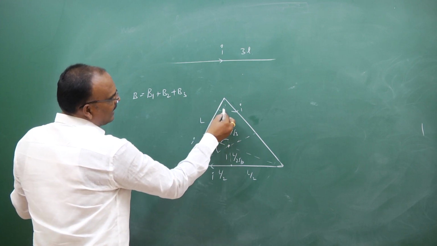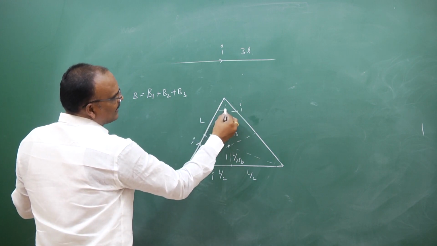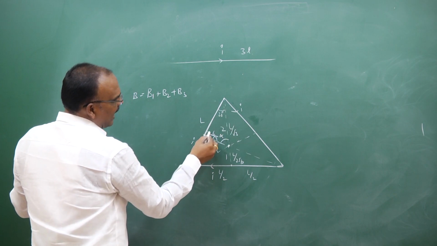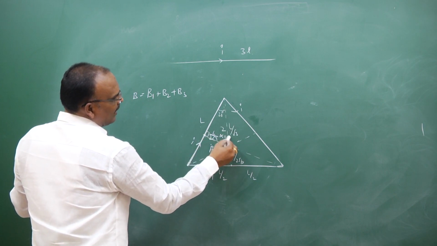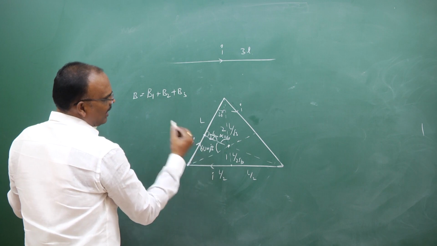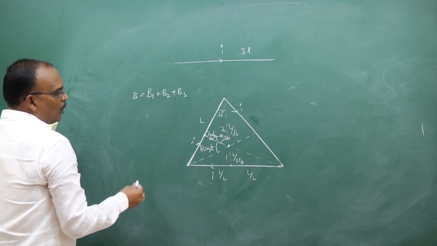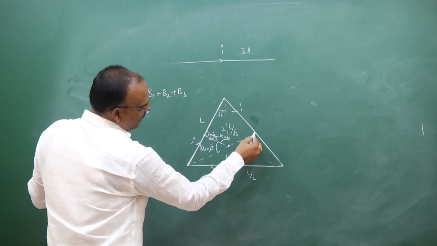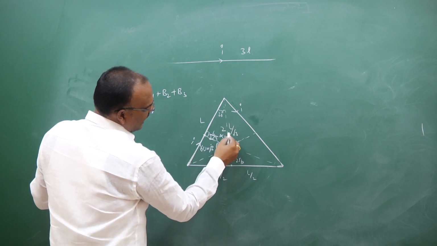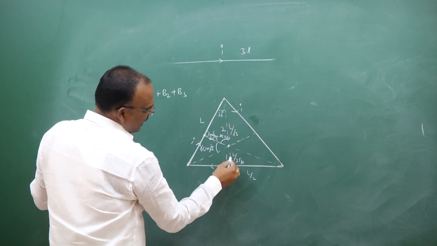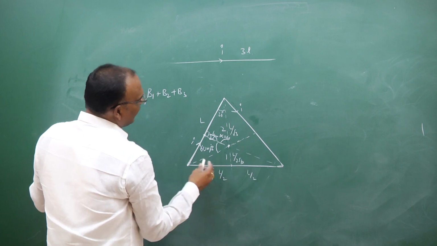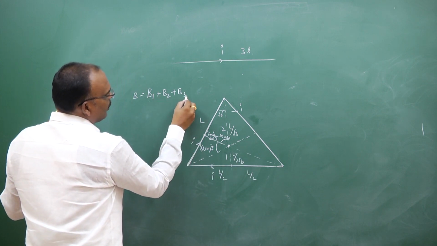See here, the total angle is 60. This is 30, this is 90. So this is 60. Alpha value is 60. Beta value is 60. Okay. Similarly everywhere. This is L by 2 root 3, this angle is 60, 60. Again L by 2 root 3, 60, 60. So B1 is equal to B2 is equal to B3.